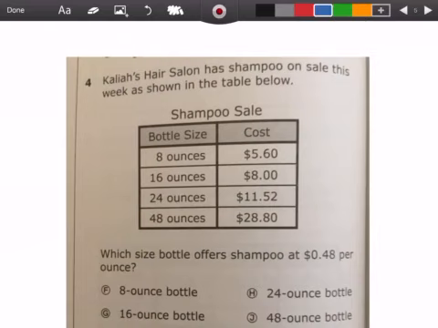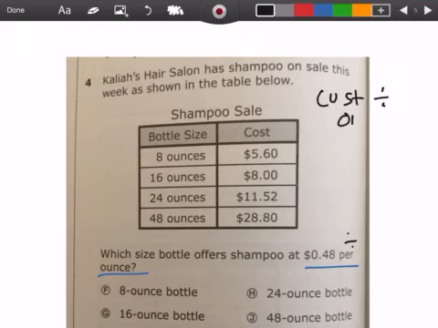Kalia's hair salon has shampoo on sale this week, as shown in the table below. So 8 ounces, 16 ounces, 24 ounces, and 48 ounces, and we have the cost on the side. Which size bottle offers shampoo at 48 cents per ounce? Okay, again, per means divide, so we're doing cost divided by ounces. So you need to divide these until you find the one that equals 48 cents.